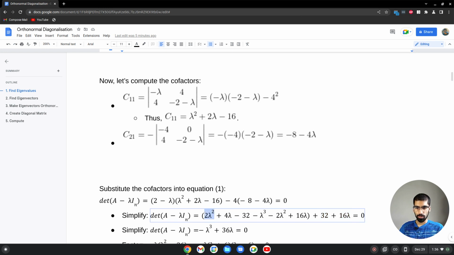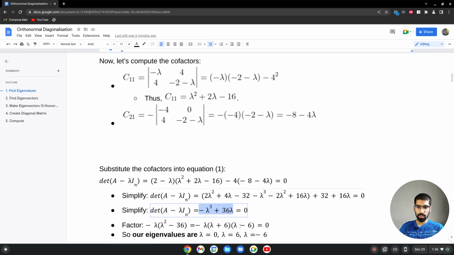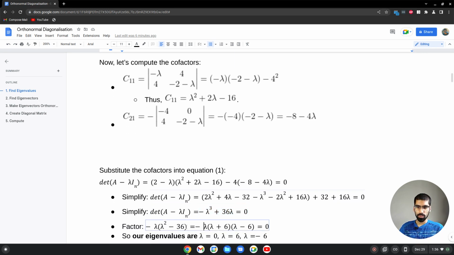So for example, 2 lambda squared minus 2 lambda squared, 16 lambda, and minus 32 plus 32. So after getting rid of a bunch of stuff, I have a much simpler equation. I factor that, noting that over here I end up being left with a difference of squares, so I factor that again, and that lets me solve for the eigenvalues given this remaining equation right here.